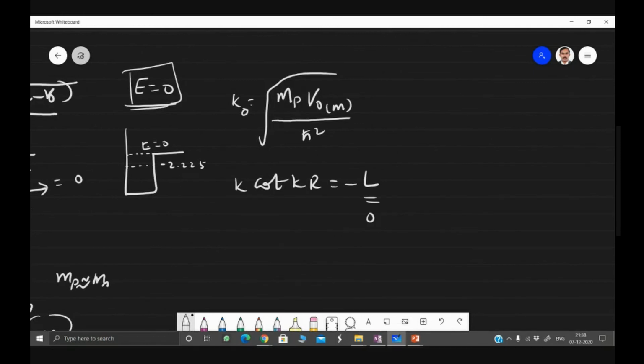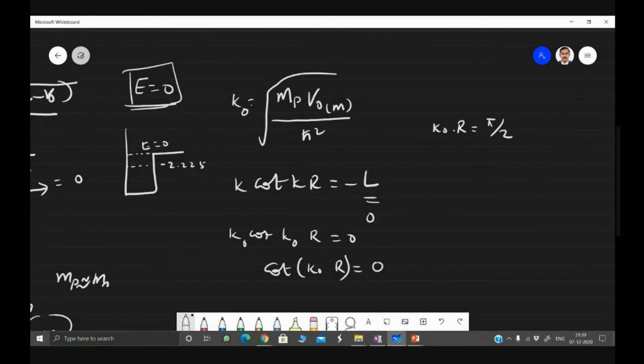So we have simply K naught cot K naught R is equal to 0, or we can write cot K naught R is equal to 0. Otherwise, cot K naught R will be 0 if K naught R is equal to pi by 2.